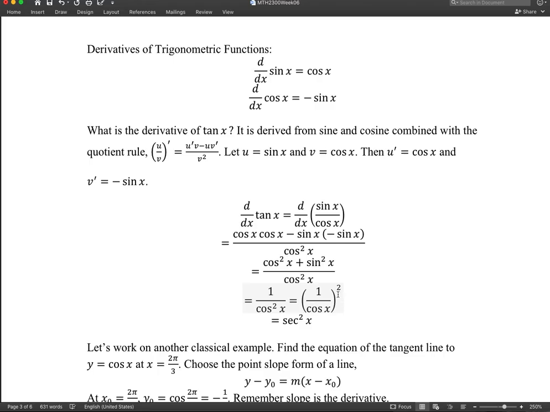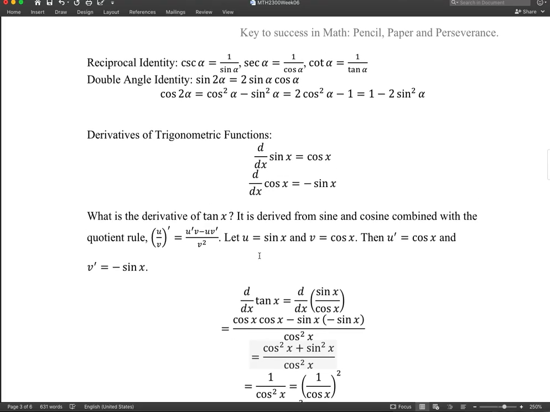And this time we said that there are many trigonometric identities. One group of identities is called reciprocal identities. So the reciprocal of cosine, that's the secant, right? So it tends to be secant squared of x. Derivative of tangent is secant squared of x.